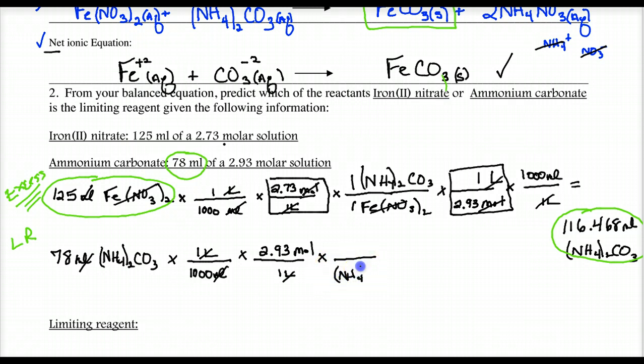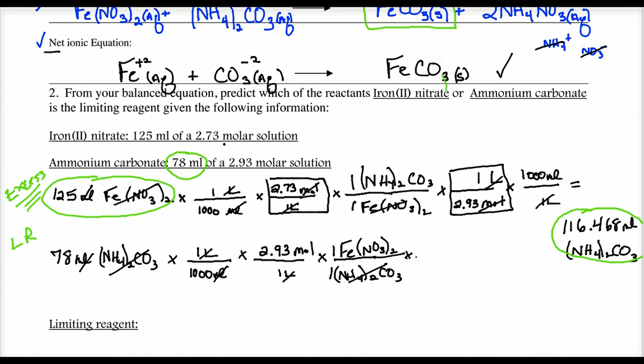Here's the Stoich part of the problem where we're getting rid of one chemical to get another. And we are trying to find something about iron nitrate. And it's a 1-to-1. I know, cumbersome to do. But now we know the units left standing is moles of iron nitrate.